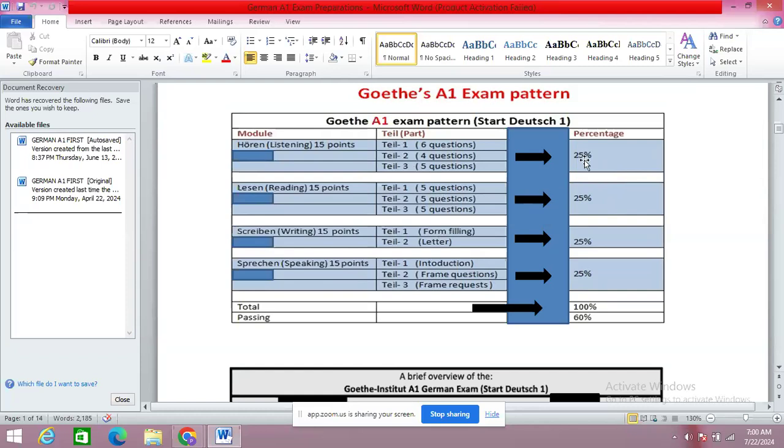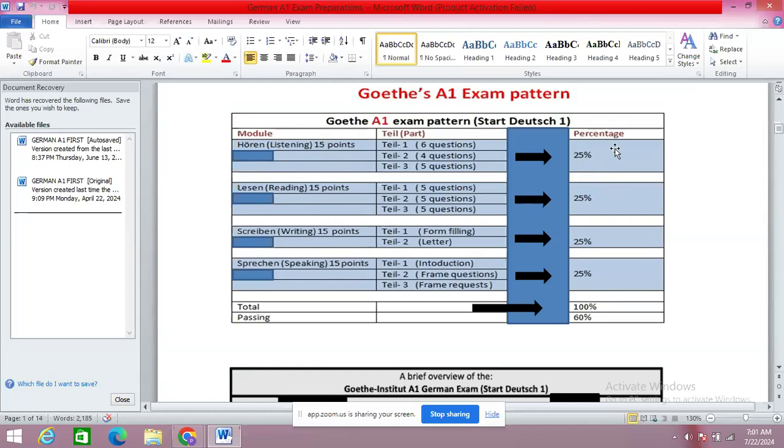So no dear, your examination is not cleared. You have to clear the examination under the condition where you are passing the Hören module, you are passing the Lesen module, you are passing the Schreiben module as well as the Sprechen module.